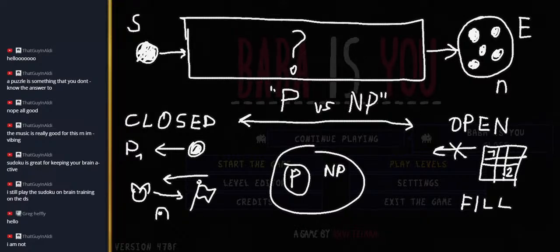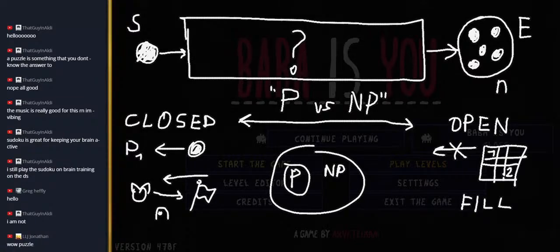Basically, the problems in P can be solved incredibly simply. If you want to check a solution, it is the same complexity as reaching it. But the question is, is P equal to NP? Because if so, basically every puzzle in the world becomes trivial.